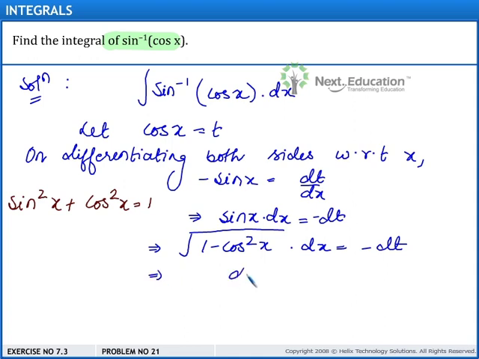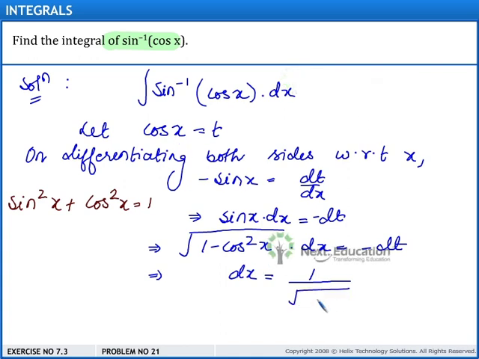This implies that dx is equal to 1 divided by, now cos x we have supposed as t, so we have root over 1 minus t square into minus of dt, so we have dt with a negative sign. So this is the value of dx.